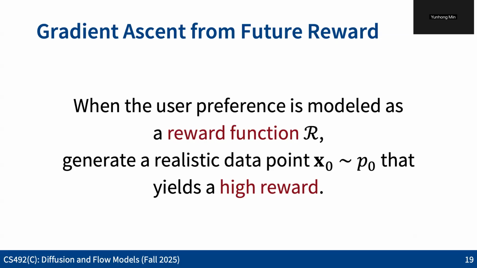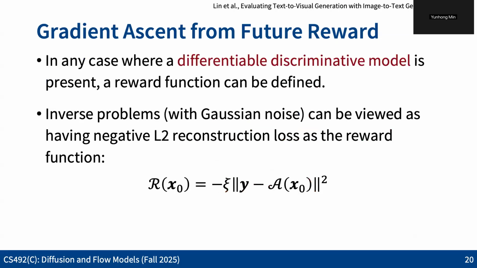In what kind of case can we assume some reward function? You can think about many examples, right? For any case where you have a differentiable, discriminative model giving a score for the output, we can consider this as defining some reward function.